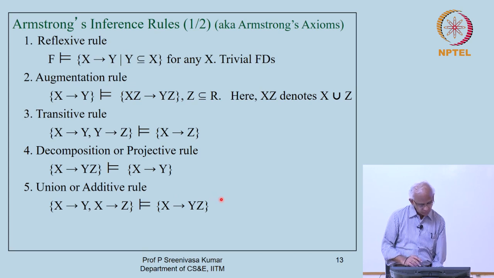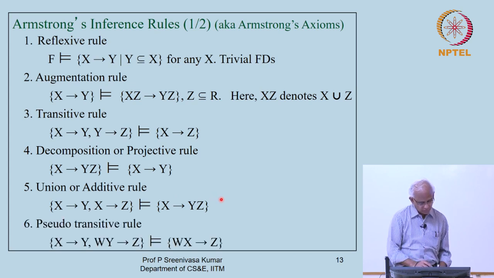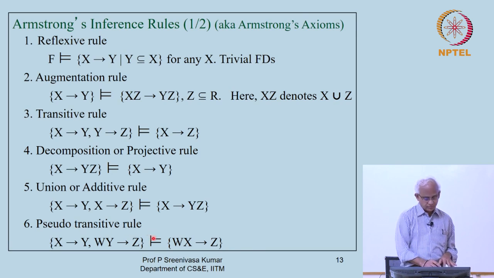Now, here is one more rule called the pseudo transitive rule. What this says is that if x determines y and wy determines z is given, then you can derive wx determines z. It is not actually very difficult to see this.